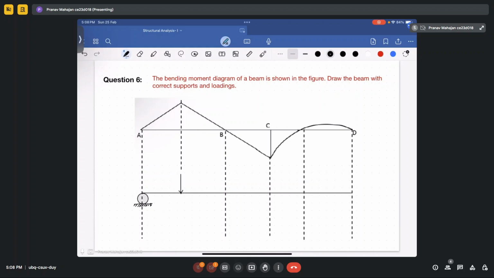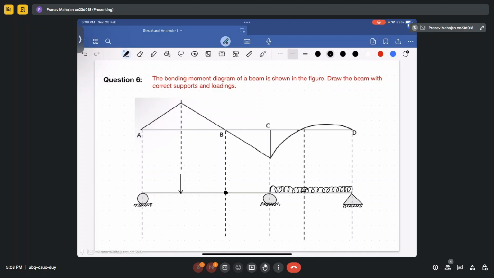Okay, since the bending moment is becoming 0 at point B, it means there is some internal hinge at that point B. Okay, and from C to D it's becoming quadratic, so it means there is some UDL from C to D. And reaction also. Yeah, so this completes that.